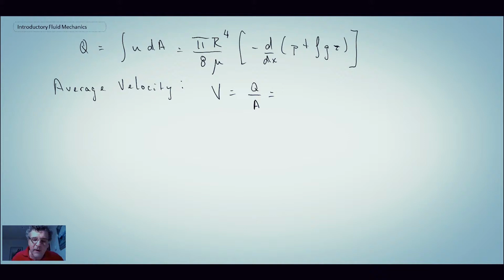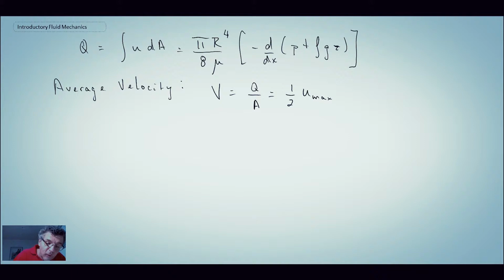By comparing Q and U max, we find that the average velocity for this flow is just 1/2 U max. And this is for laminar flow, which enabled us to make that original substitution for tau as mu du dr.